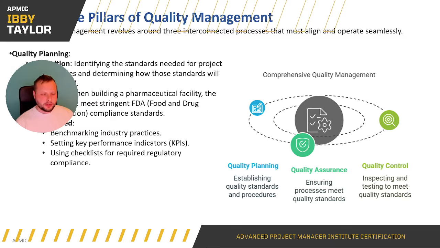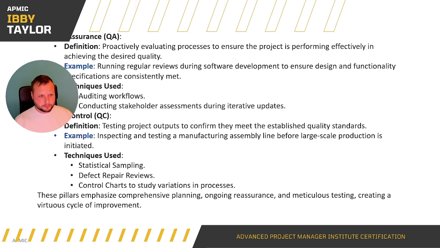Whenever you're dealing with regulatory compliance and government agencies like the FDA, you'll have a very stringent checklist of the quality that you need to adhere to, which can make quality planning quite nice and easy if you already have the predefined benchmarks. It's not always the case. Sometimes you have to create those benchmarks to ensure your own quality standards are being met.